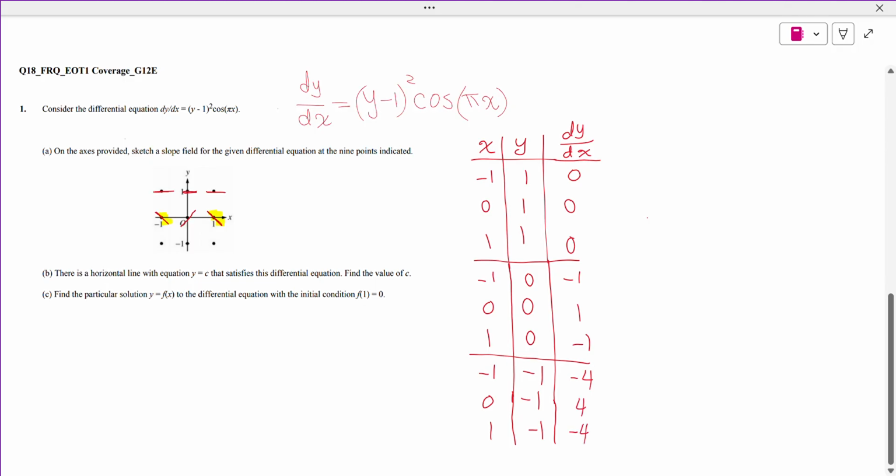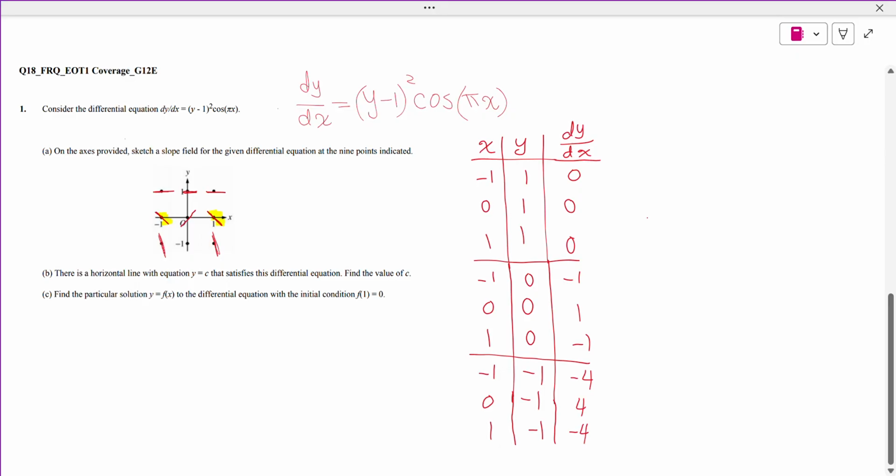So negative 4 means the segments should be decreasing, but steeper than the one on negative 1 and 0. So make sure this line segment is steeper than the one on top of it, and it's parallel to the one at 1 and minus 1, which is here. So make sure these two also are parallel.